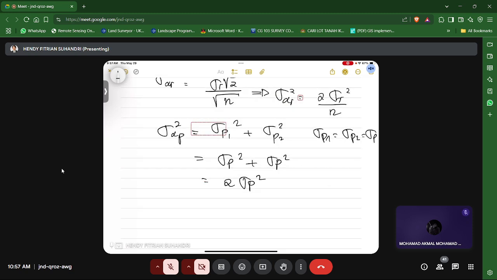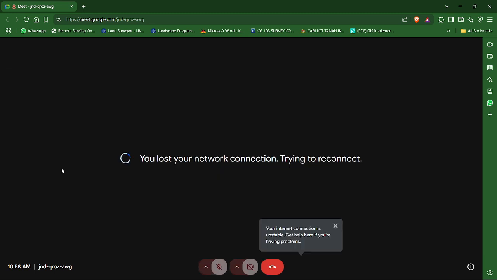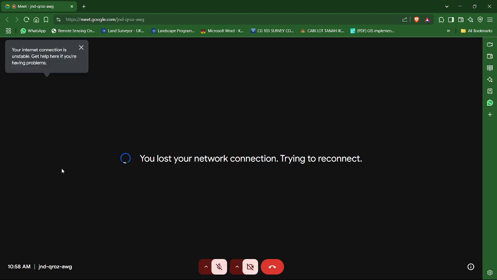And n is coming from how many measurements or observations you do. So let's say you do 5 times, so divide by 5. So it's more or less like you average.